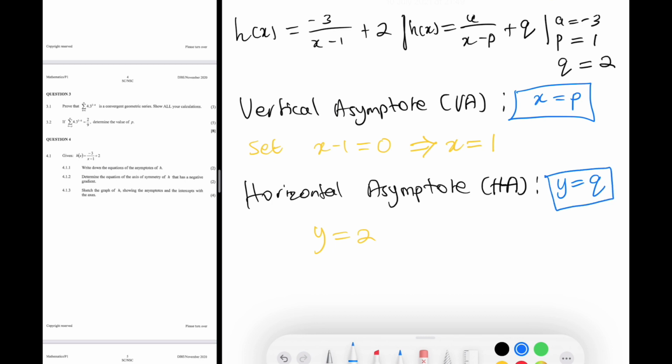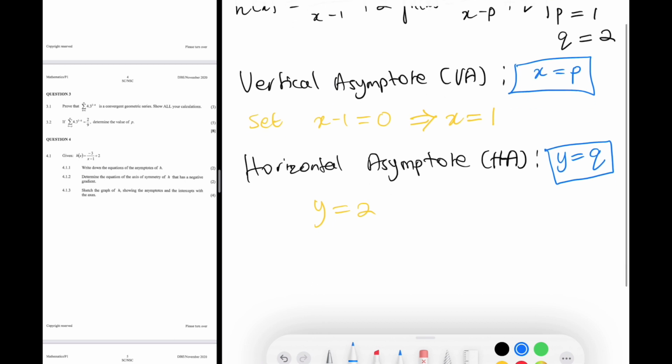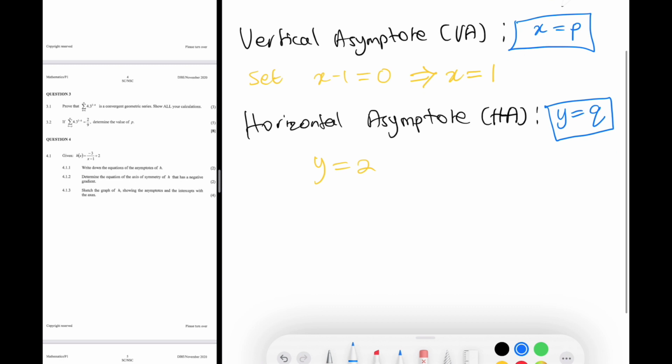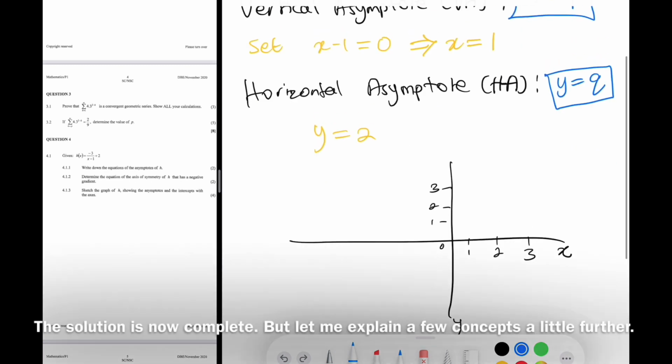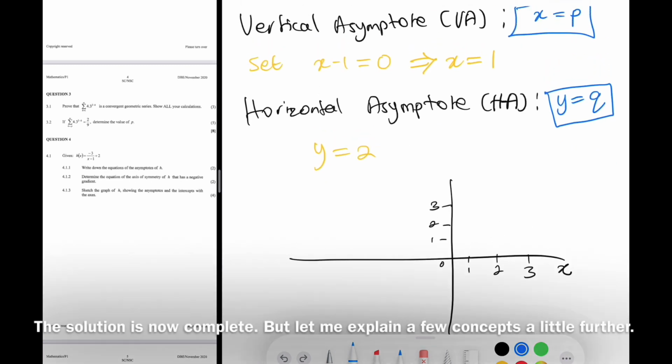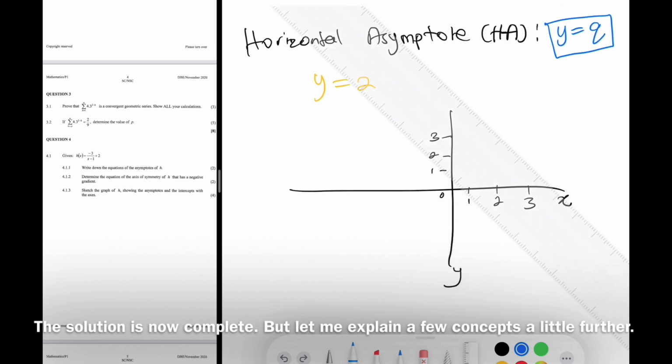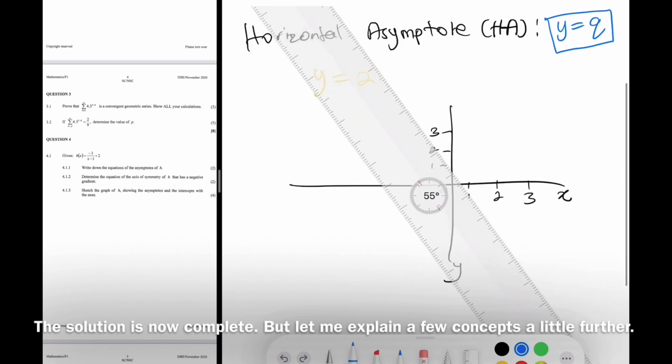All right. Now, let's explain this. Why is x is equal to p the vertical asymptote? Why is y is equal to q the horizontal asymptote? Because you might forget which one is the vertical one and which one is the horizontal one. If you draw the line x is equal to 1, our vertical asymptote, this is what you get.